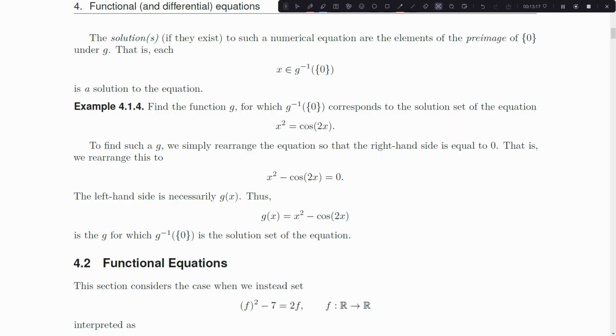Now, when it comes to functional equations, I can't stress the next line enough. This is going to be the most important thing we encounter for the rest of differential equations and any other sort of functional equations that you ever encounter in life.